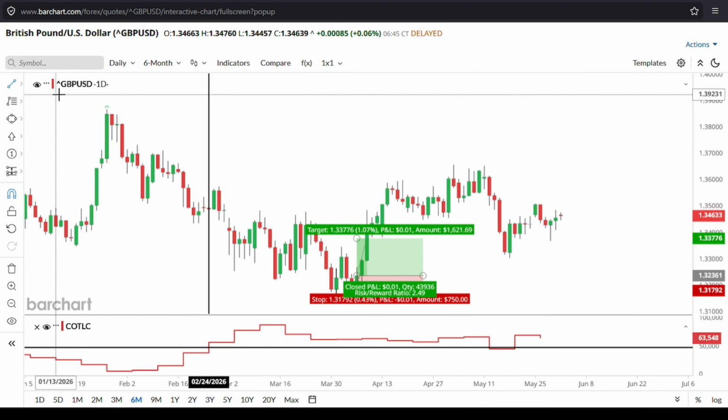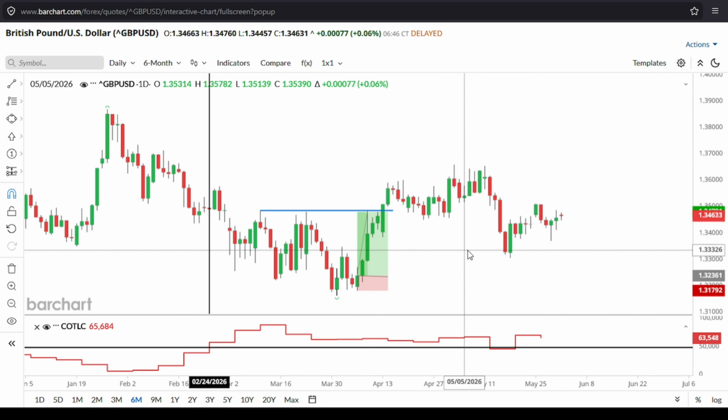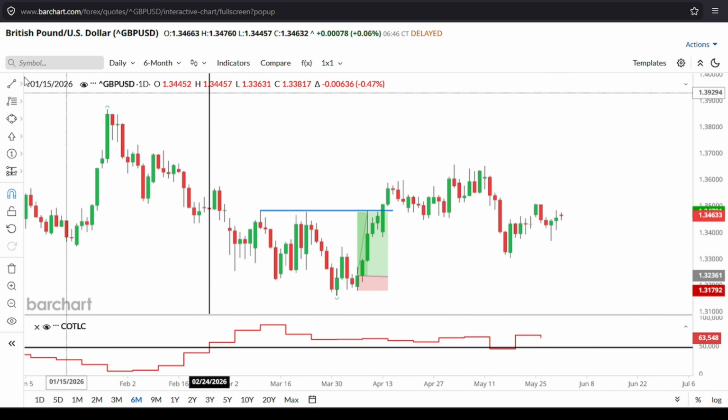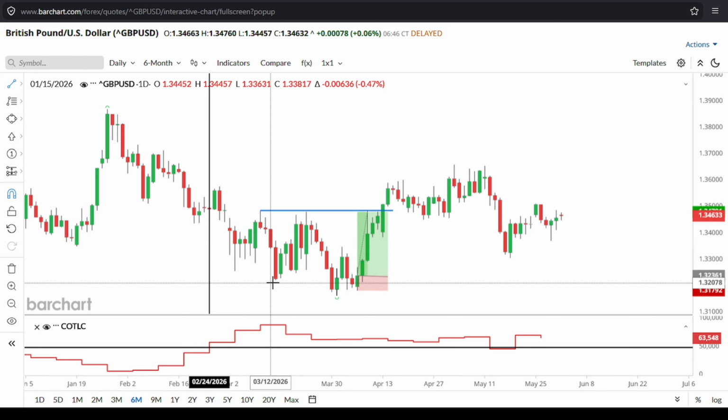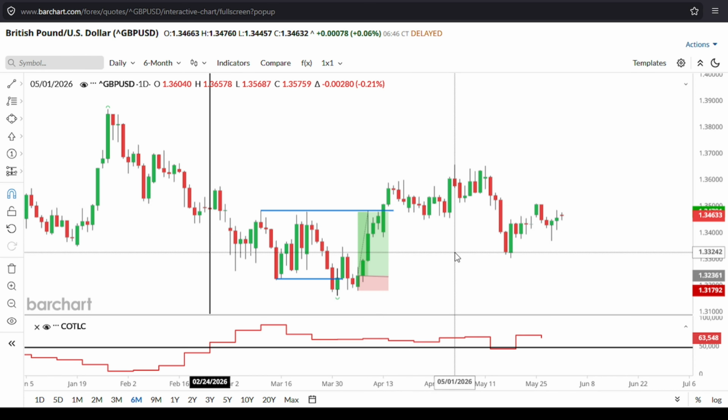So we are profitable on this. Remember, it picks out this low. Picks out the low. We are profitable on this.